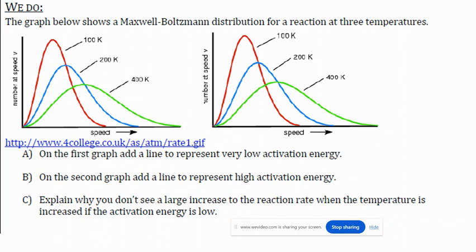All right. So on the first graph, add a line to represent very low activation energy. This is a vertical line. So where would the activation energy hit if we were to have a low activation energy? Let's just draw one, I don't know, like right here.